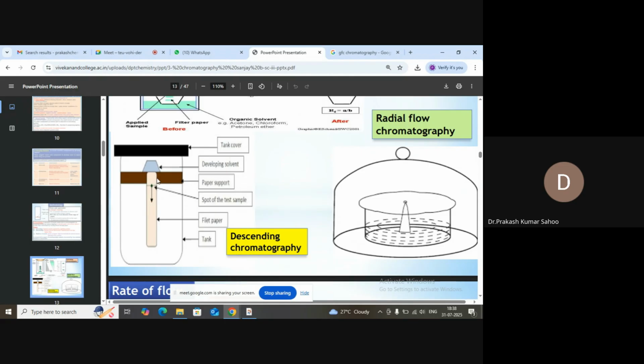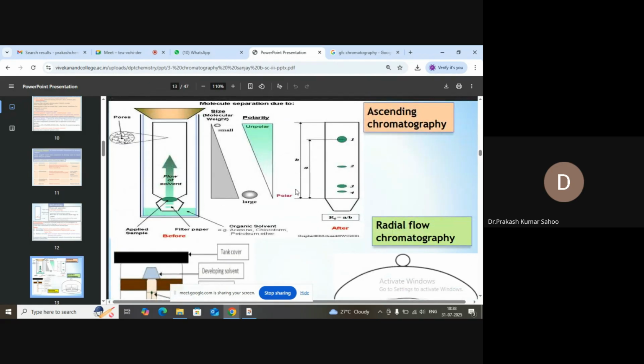Then when the solvent reaches the reference point, different components start separating depending upon their interaction with the stationary phase. So when the solvent moves from top to bottom, this is known as descending. It will reach the reference point where the sample is, and then different components get separated based on their interaction with the stationary phase. So paper chromatography is of two types, that is ascending and descending.